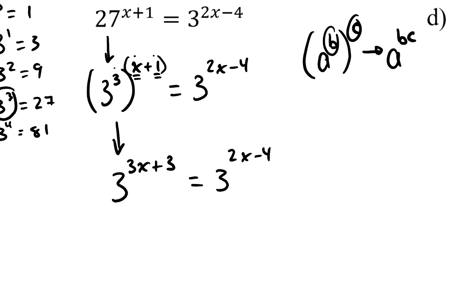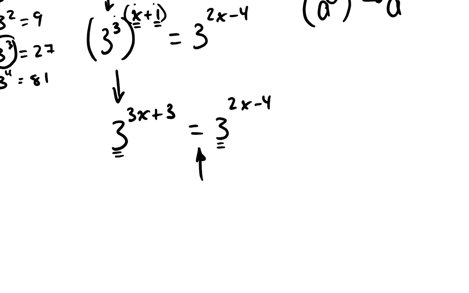So I've said it before, I'll say it again. The only way that these can be truly equal, with both having a base of 3, is if the exponents are identical, right? So I just say to myself, well, let's make that happen. What value of x makes them identical? Well, let's find out.